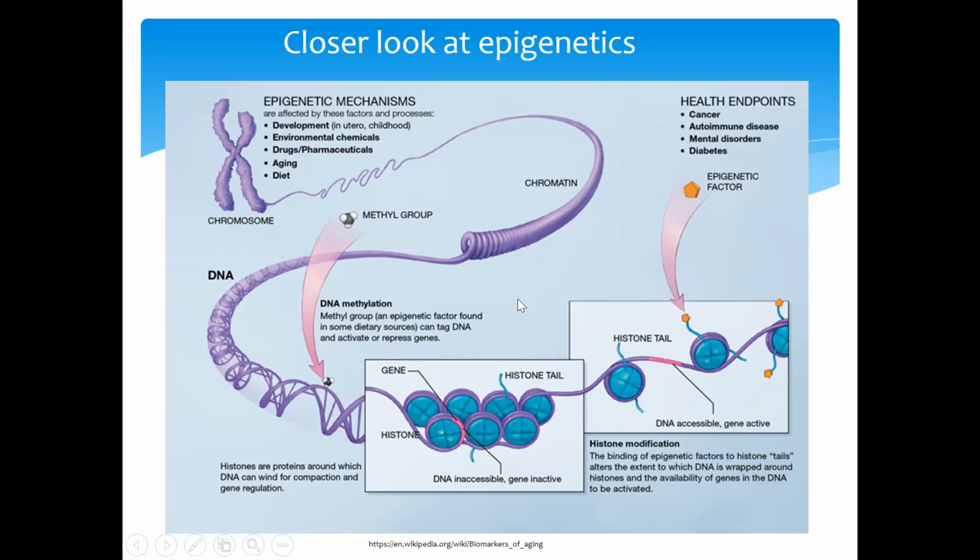So if we disrupt either one of those, what do we get? We get cancer. We get an autoimmune system that doesn't function right. We can develop mental health disorders and we get diabetes.